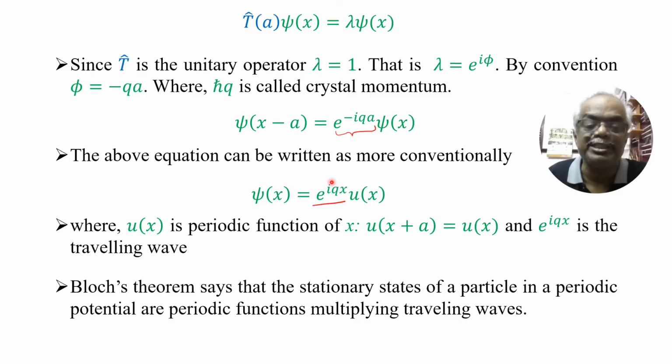This is nothing but your traveling wave. In quantum mechanics, we used to say e to the power i k x is a traveling wave. Here it is a crystal system, so as I said, h cross q is the crystal momentum.